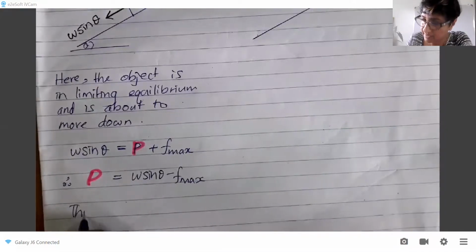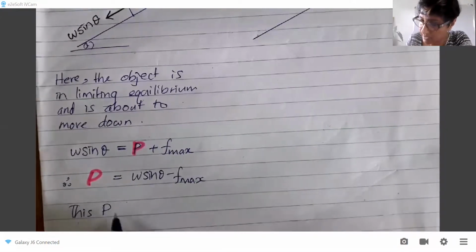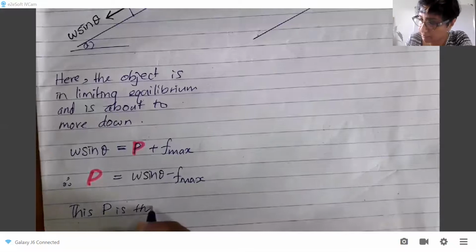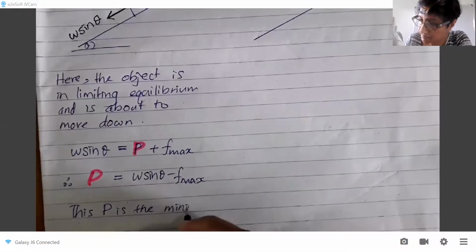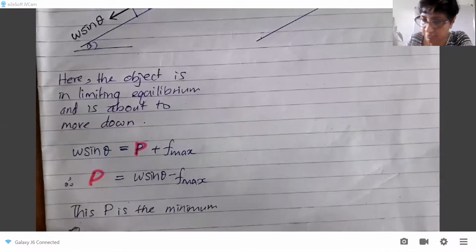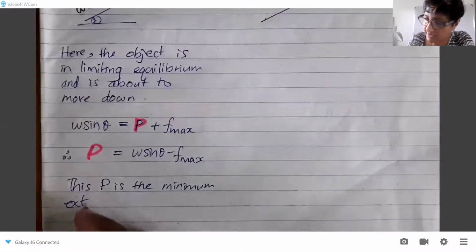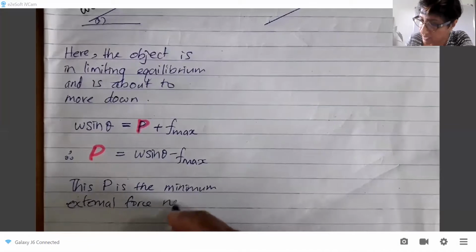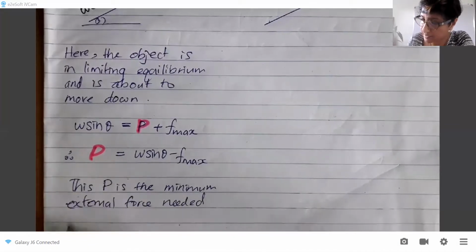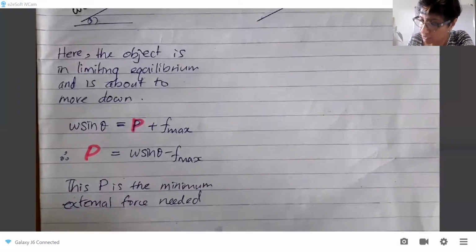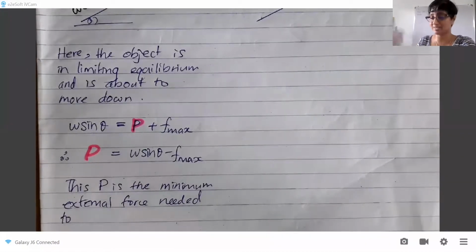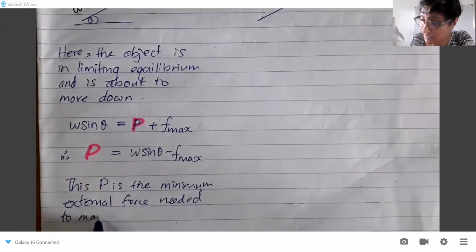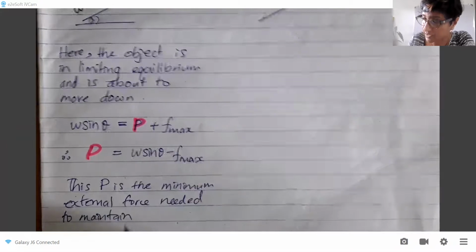This P is the minimum external force needed to, let's use Nathan's words, to maintain equilibrium.